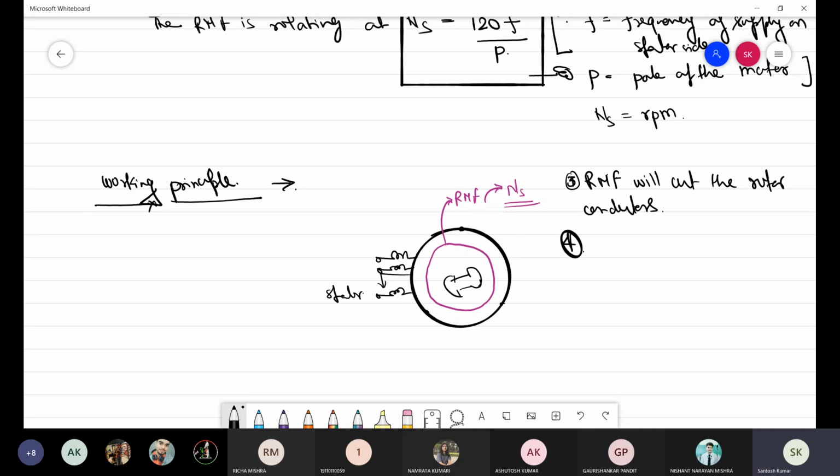Now the rotor conductors are stationary and rotating magnetic field is rotating. So there will be a relative motion between the magnetic field and the rotor conductors.